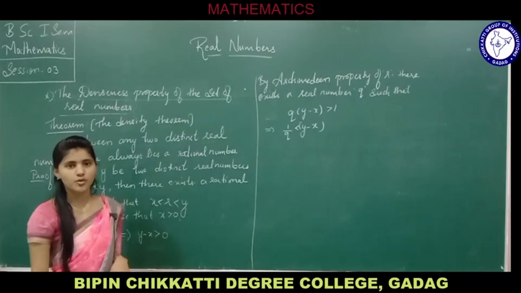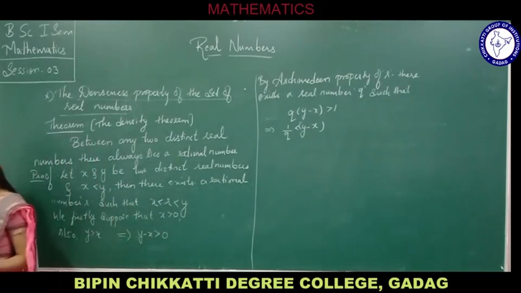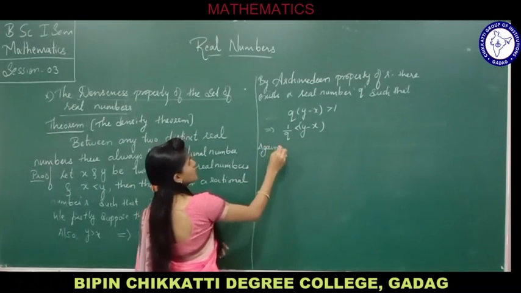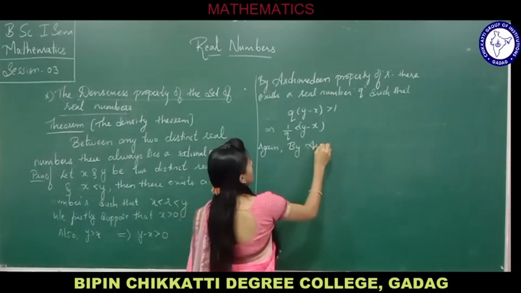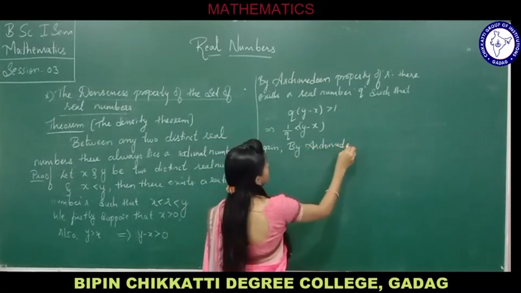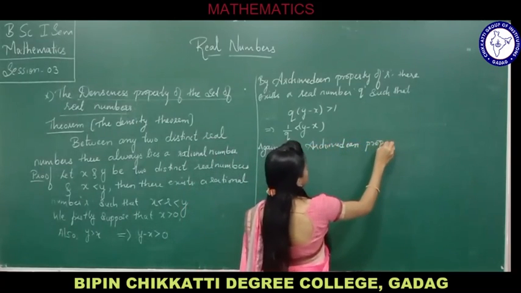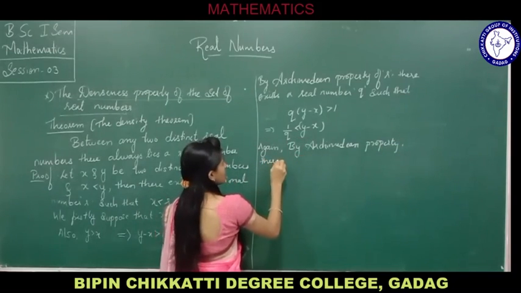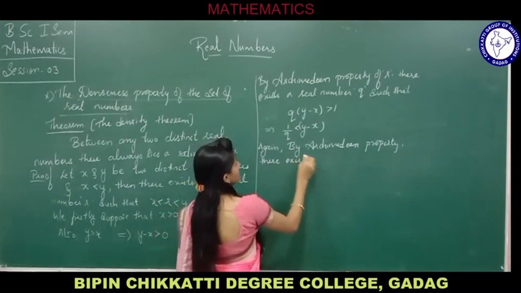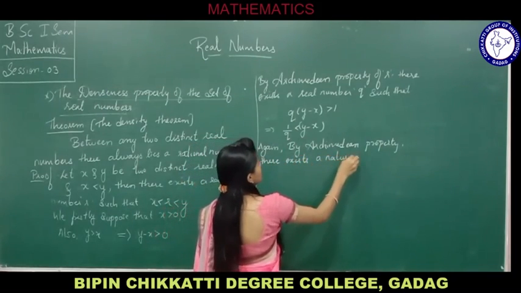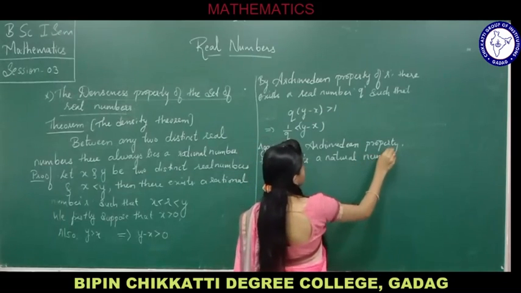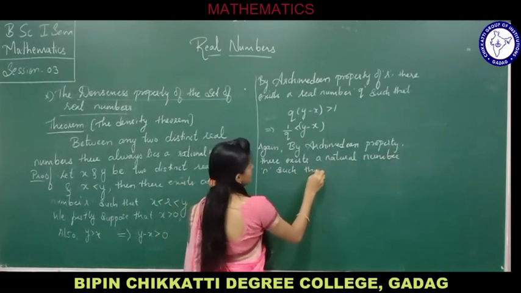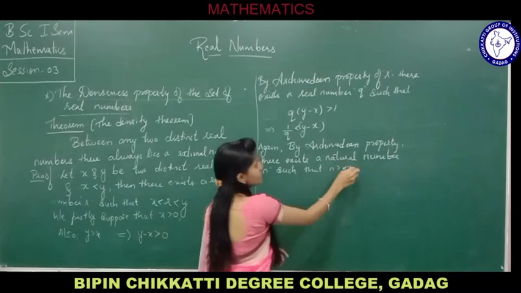Again, by the Archimedean property of R, there exists a natural number n such that n is greater than q into x.